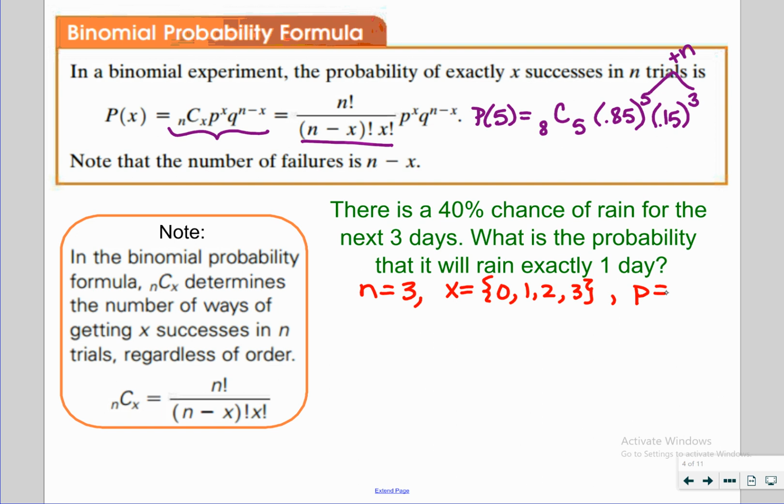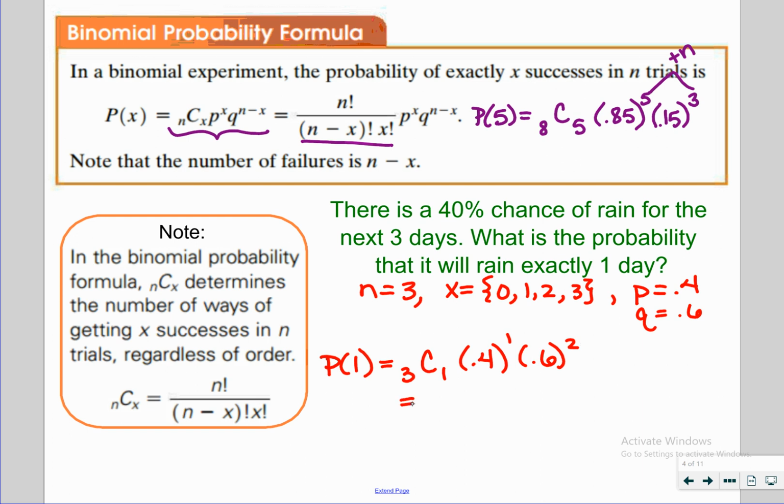P, probability of success, which is considered rain in this case, 0.4. And then q, probability of failure, so no rain, 0.6. Okay, so if I'm using my binomial formula at the top, the probability that it will rain on exactly 1 day looks like 3 choose 1 times my probability of success, 0.4 to the power of 1, because we want it to rain on 1 day, and then 0.6 to the power of 2, we want it to not rain on 2 days.